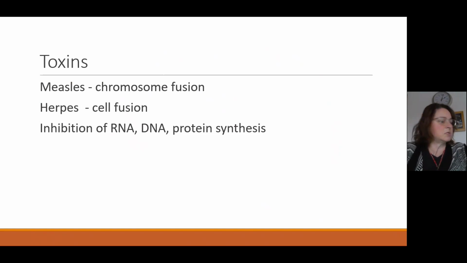But the ones you need to know, according to your syllabus, are measles, where the toxin itself can cause chromosomes to stick together and fuse, usually in the somatic cells, so that is usually not something that affects a germline. However, it causes cells to no longer do what they're supposed to do, no longer replicate, no longer being read. Difficult situation, but here we go.